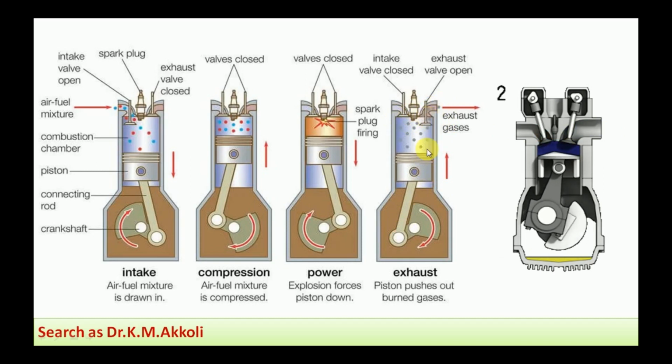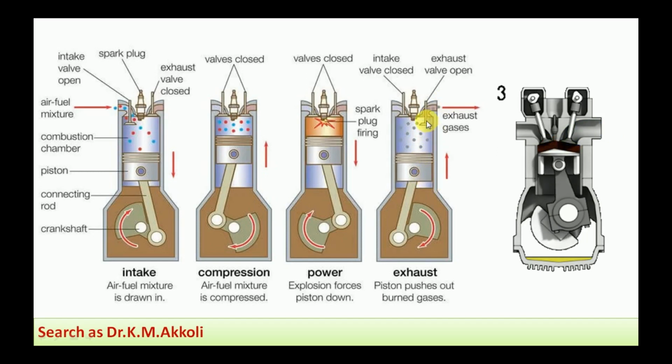Immediately when the piston reaches the bottom dead center, the exhaust valve opens. Due to the pressure difference, some gas is already discharged through the exhaust valve. The remaining burnt gases are discharged while the piston moves from the bottom dead center to the top dead center.